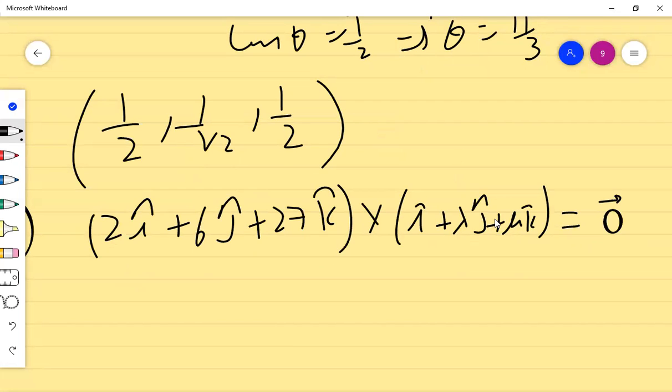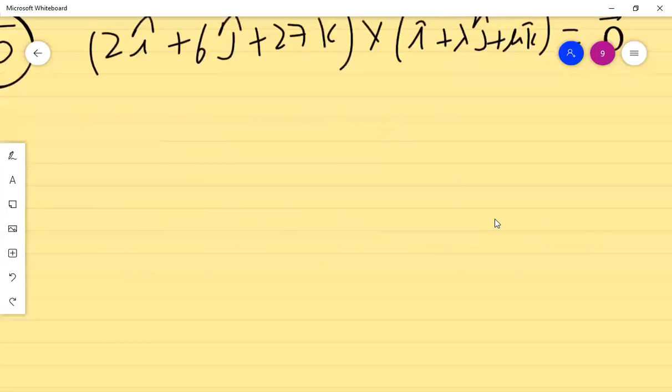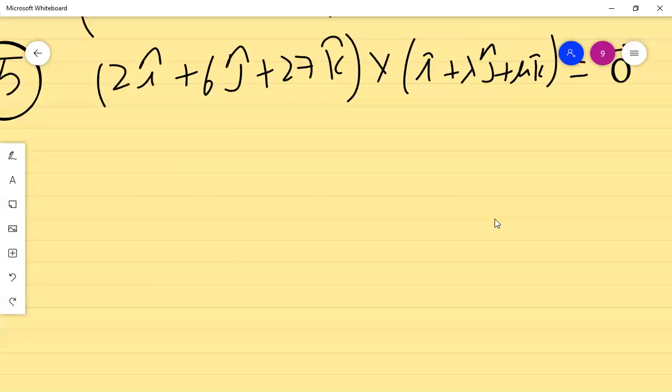So we have to find the cross product first, and each of the components should be 0.